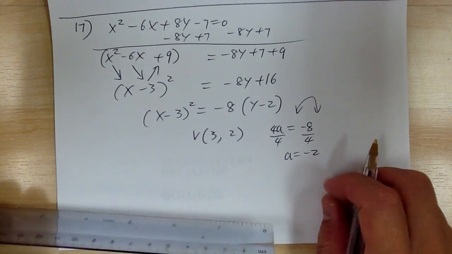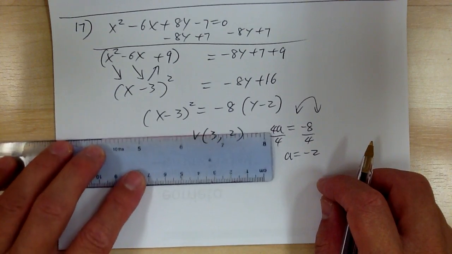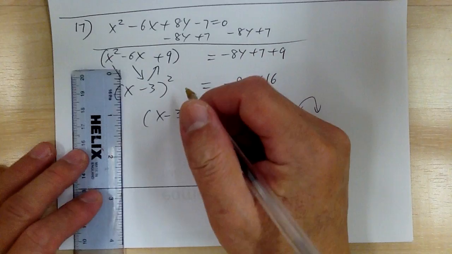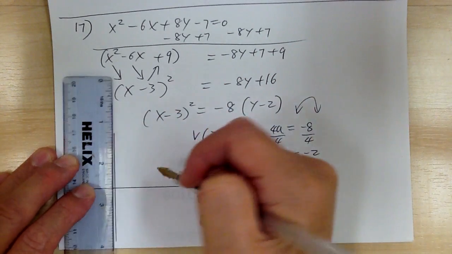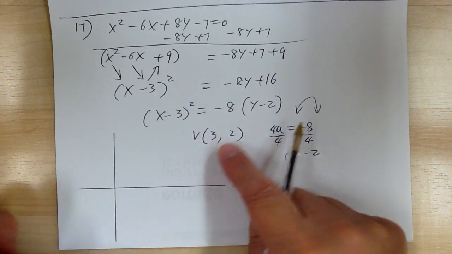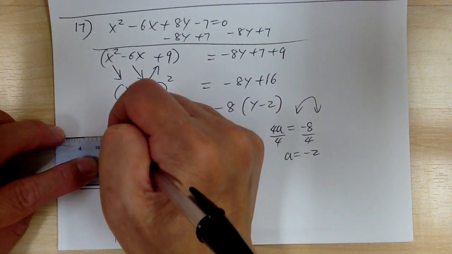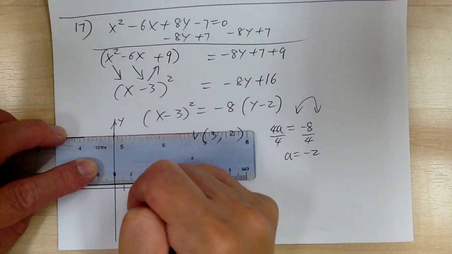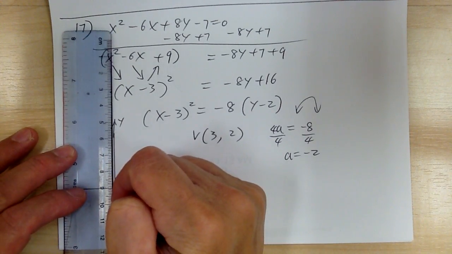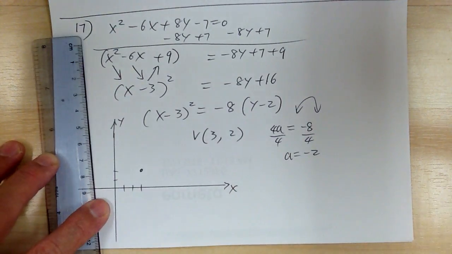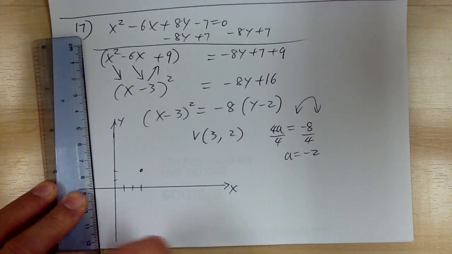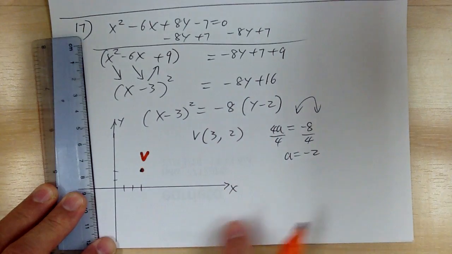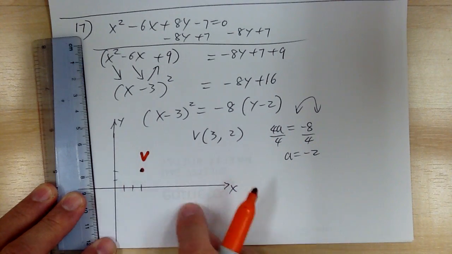So when you graph these things out, first you plot the vertex, it's at 3, 2. Okay, 1, 2, 3. So here's your vertex, and then this is going to go down this way.